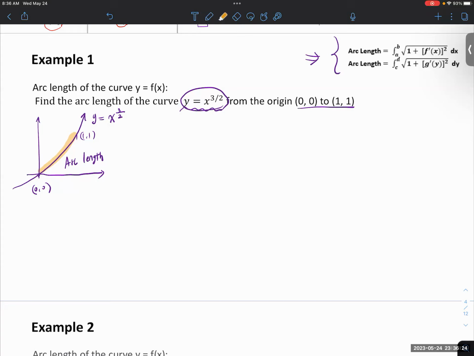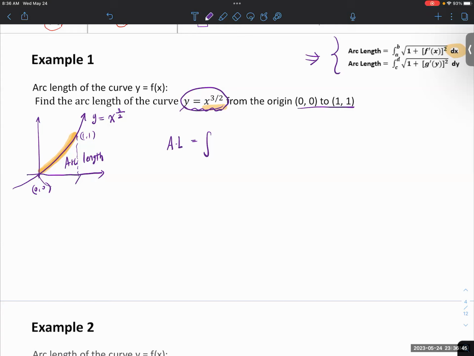Does that make sense? So I want to measure this length. This is not linear. This is a little bit curvy, correct? So according to this formula, the function is given. This is already written in the x variable. So we're going to take the integral with respect to dx. So the arc length that we are looking for is from where to where?